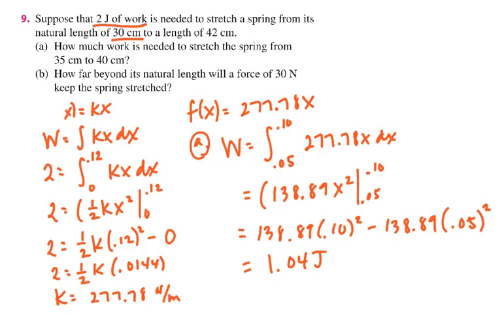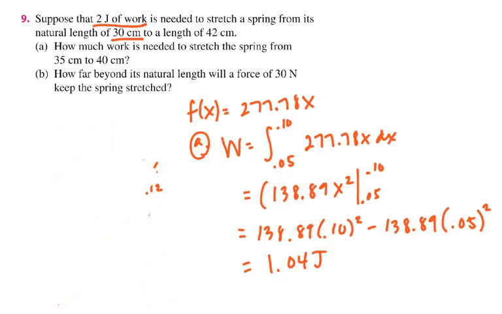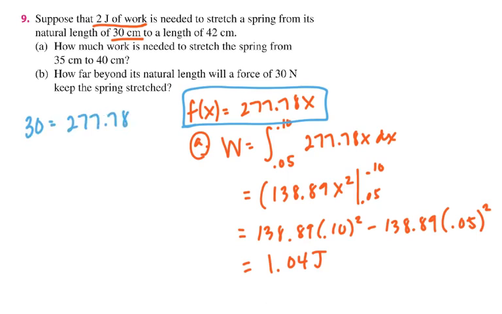I think I'll erase all this work over here and do it on this side. So part B says, how far beyond its natural length will a force of 30 newtons keep the spring stretched? So here's our force equation right here. And we know that the force is 30. So we're going to say 30 equals 277.78x.